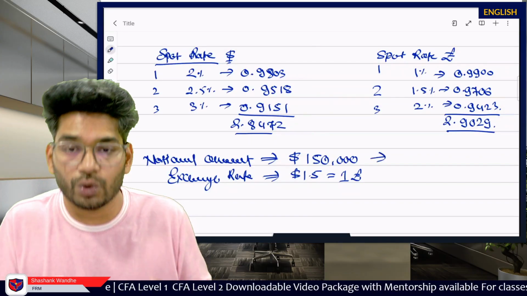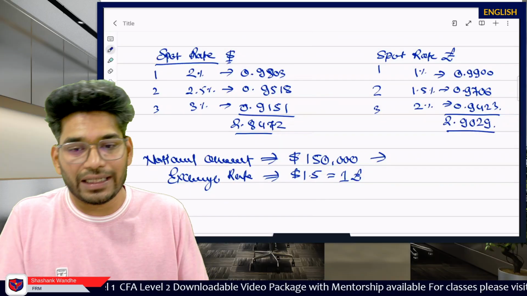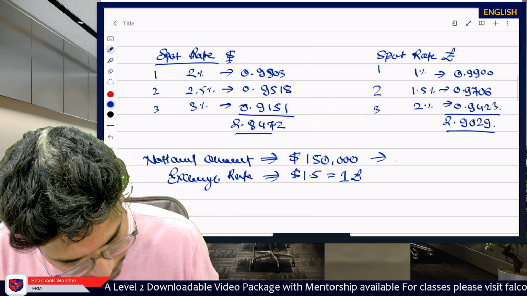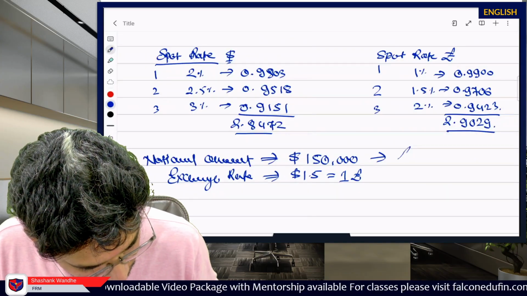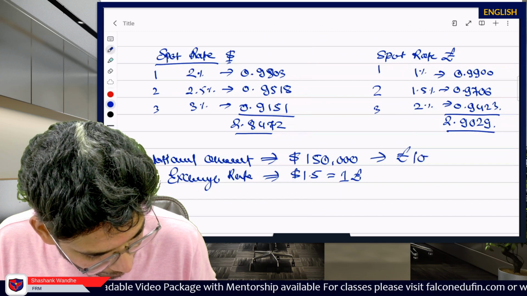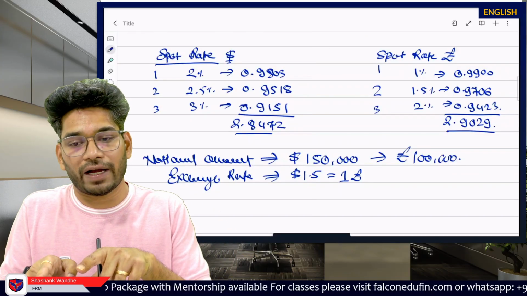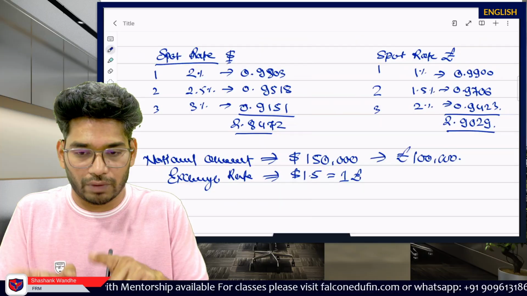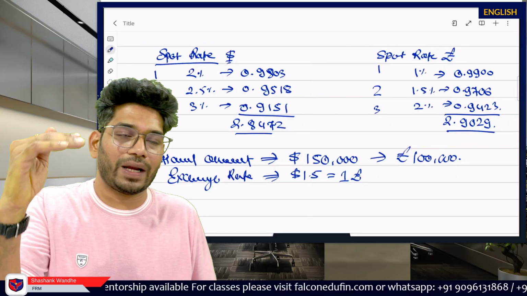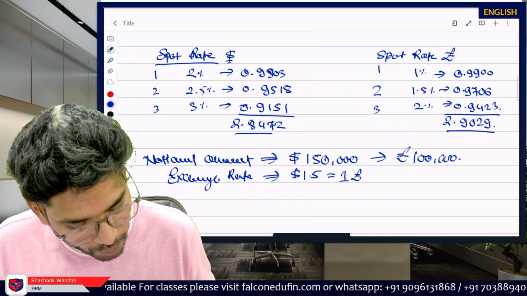So when you give $1,50,000, against it you will get pound 1 lakh, because £1 is equal to $1.5. So £1 lakh will be equal to $1,50,000. Simply $1,50,000 divided by 1.5 is equal to 1 lakh. That's how we got the 1 lakh value.